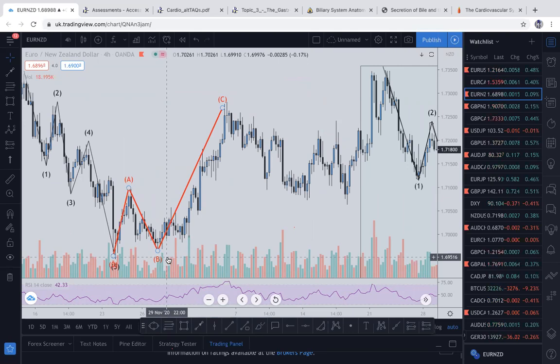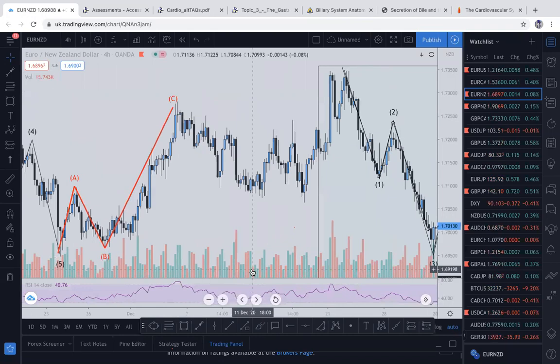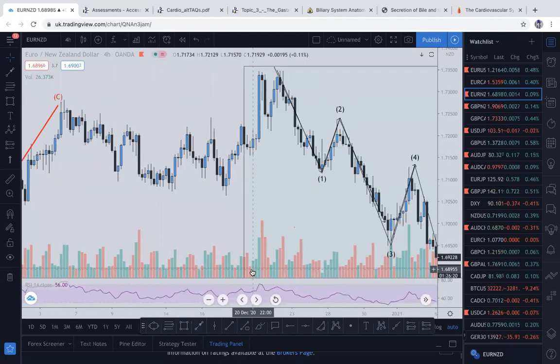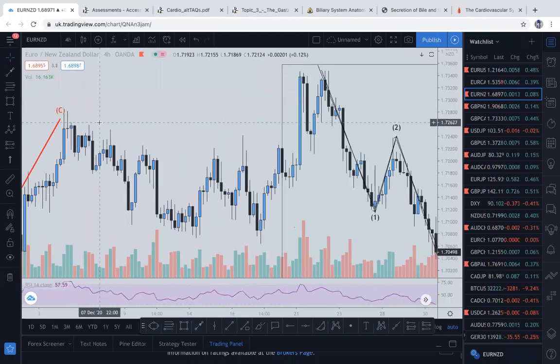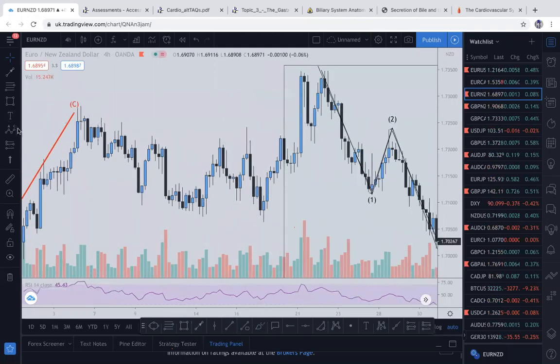Am I teaching somebody here? It's a bit crazy, but guys, trust me, it is everywhere. It is everywhere. Even if we should focus our attention within this structure right here, you're gonna see an Elliott wave playing out.